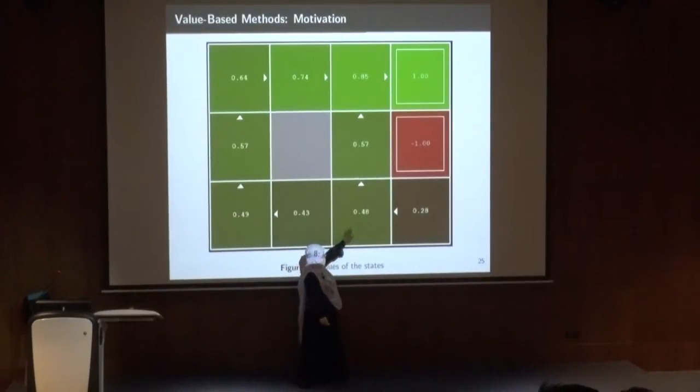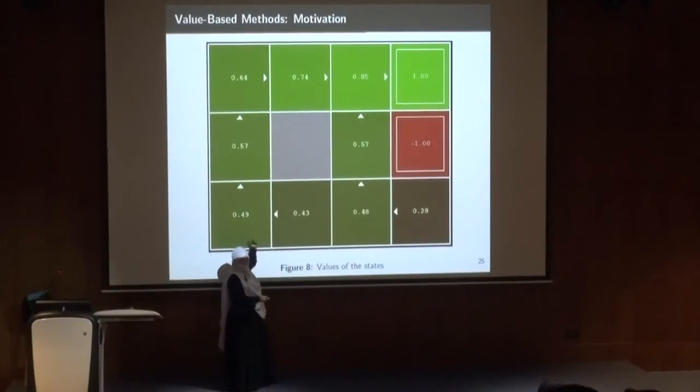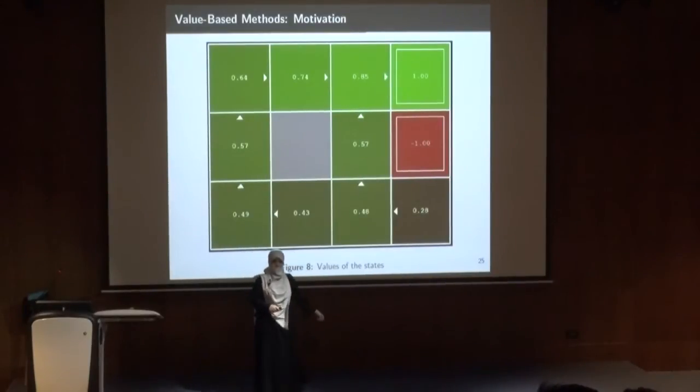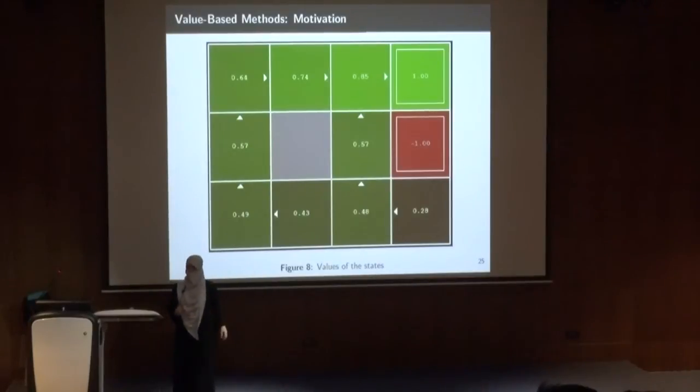Then 0.48, then 0.43, I will go to the left, because this state has a higher value than the state on the right. We will see. Okay? So this is just to tell you, if I have these values, then my life is so much easier.